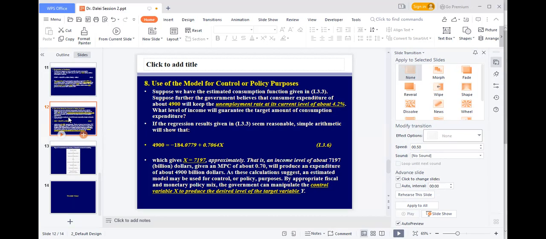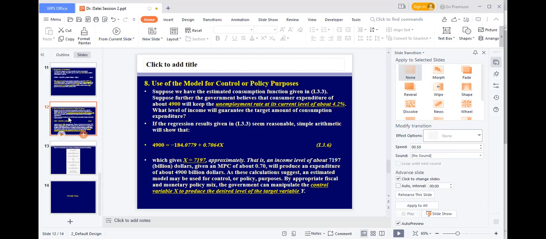Given an MPC of about 0.70, this will produce an expenditure of about 4,900 billion dollars. As this calculation suggests, an estimated model may be used for control or policy purposes. By an appropriate fiscal and monetary policy mix, the government can manipulate the control variable X, that is the income variable, to produce the desired level of the target variable Y.